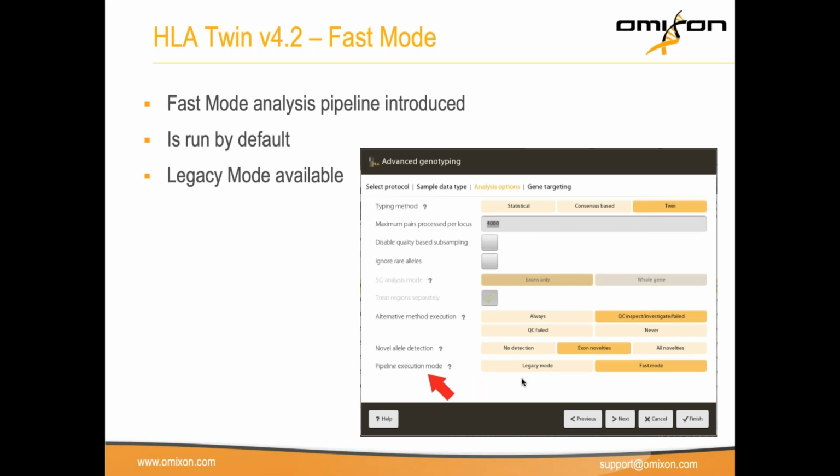So the legacy mode is still available for people to do all of the comparison studies they may require, or they may want to just go on and use the fast mode as it is. We envision that this will still be there for the next couple of HLA Twin versions until people are not using it anymore and do not require any more comparison studies.